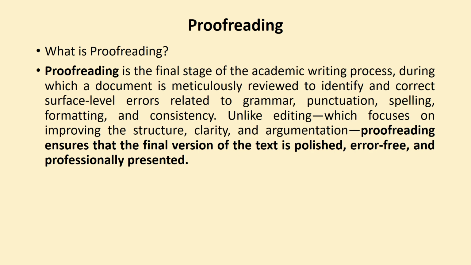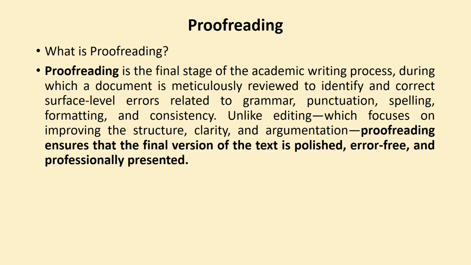Proofreading. Here comes a very important part of forming a research proposal. See, we all are humans. When we write or prepare anything, there are chances of committing some errors, like spelling mistakes, grammar mistakes. Sometimes we forget something, that I have to delete this, but it remains like that.